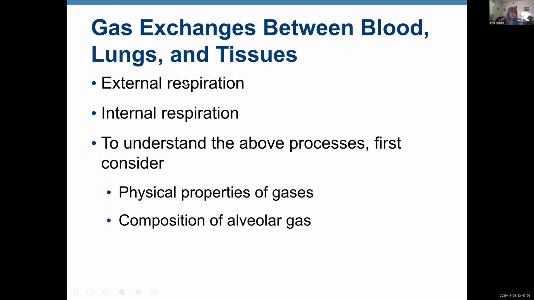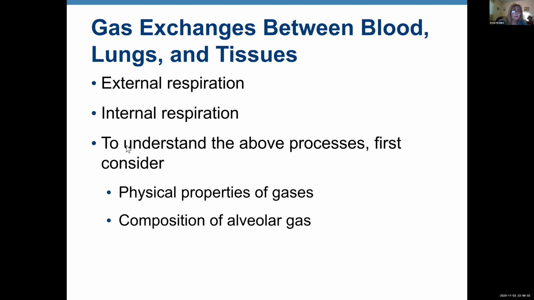When we say respiration, it means we're going to talk about oxygen and carbon dioxide moving between blood and the lungs or the tissues. Carbon dioxide moves from blood to the lungs, and oxygen moves from blood to the tissues.